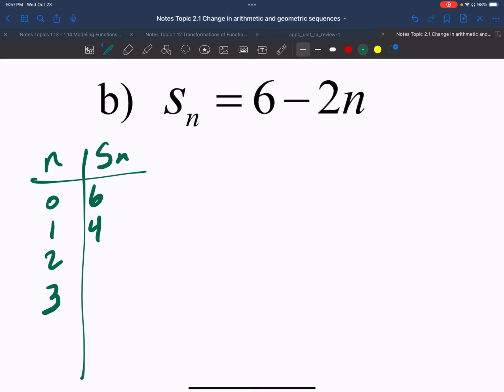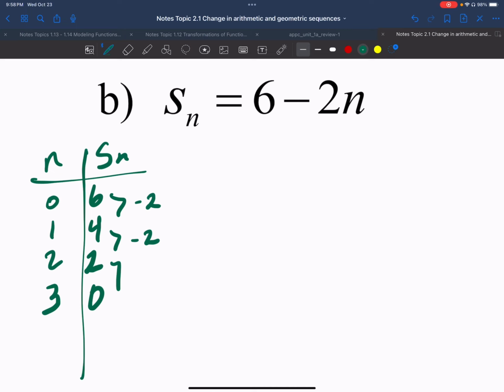When I plug in 2, it's going to be 6 minus 2 times 2, which is 4, or 6 minus 4, which is 2. Next one, I'm going to plug in 3. 6 minus 2 times 3, which is 6, or 6 minus 6, which is 0. When I do that one, to go from 6 to 4, I need to subtract 2. To go from 4 to 2, I need to subtract 2 as well.